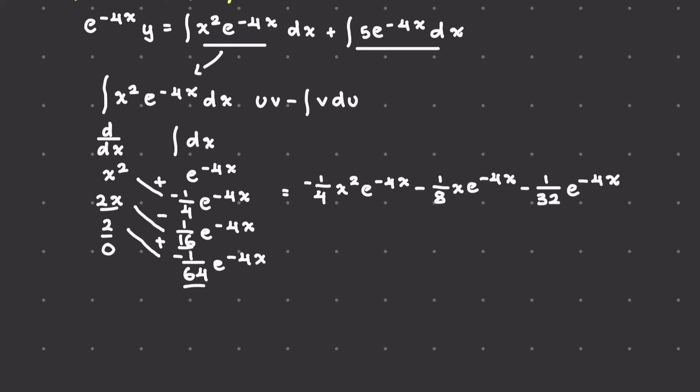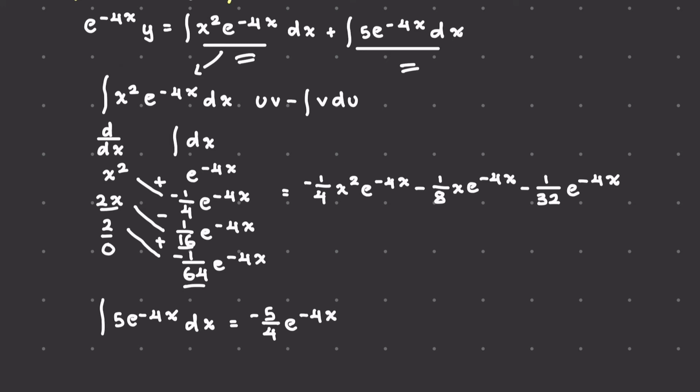And we've successfully integrated our left hand side, which is here. And for our right hand side, which is here, it will simply be negative 5 over 4 e to the power of negative 4x.